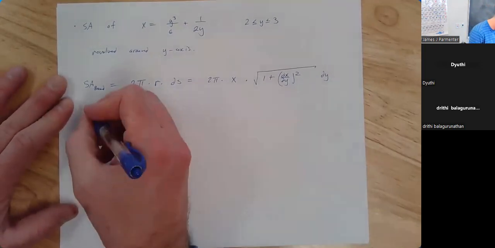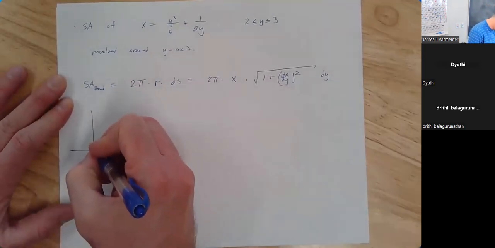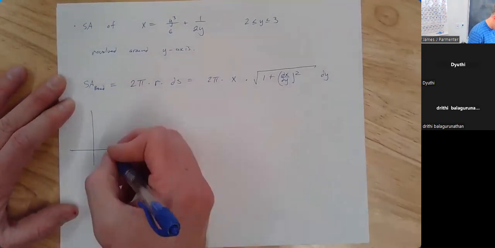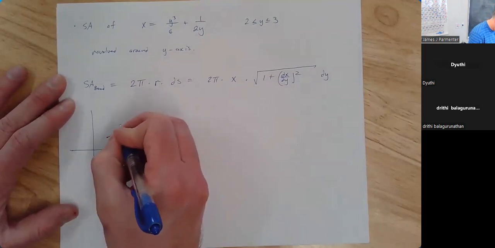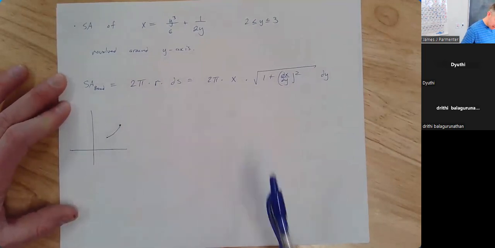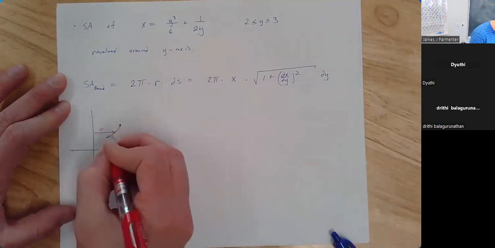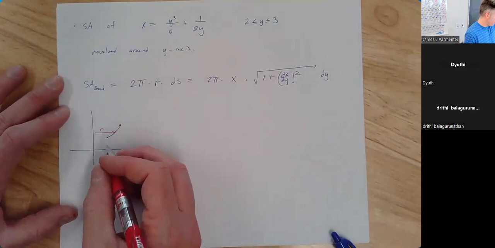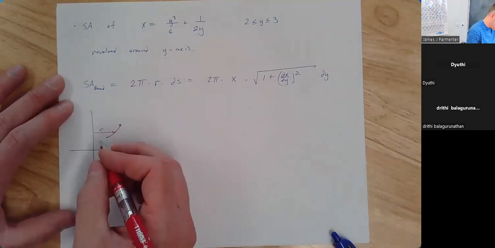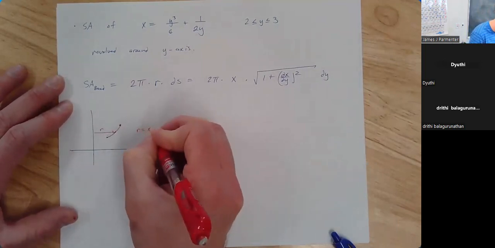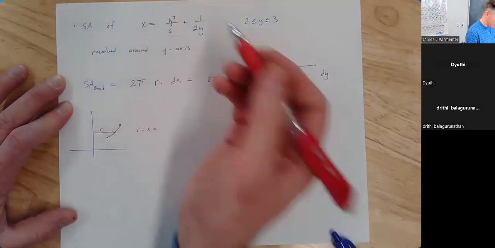Maybe my curve looks like this. I'm taking this little bit here, and here's my radius, which is how far we are away from the y-axis, which is the x value. So my radius is x, but then we're going to replace x with what we know it's equal to.